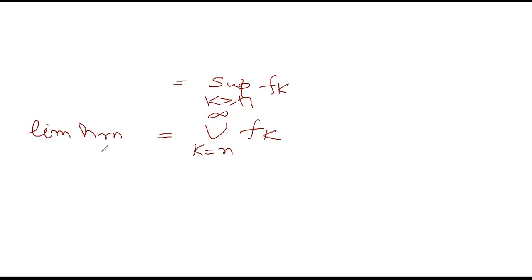But we know that in the previous term we have seen that the limit of a sequence of measurable functions is again a measurable function. Therefore, this limit is a measurable function by the previous theorem.